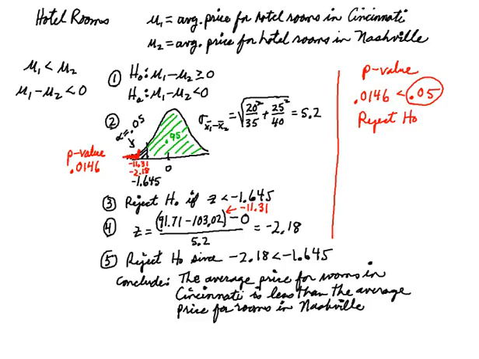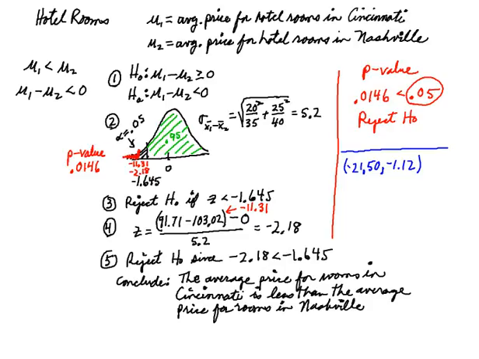Now, another thing that I want to mention here is to compare the confidence interval that we had earlier on this problem, which was negative 21.50 to a negative 1.12, with our conclusion in this hypothesis test.